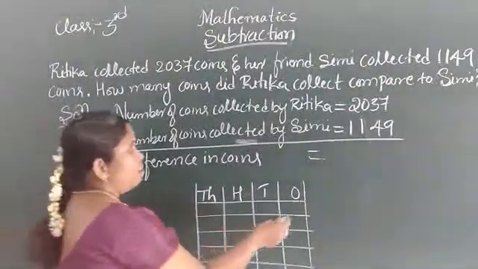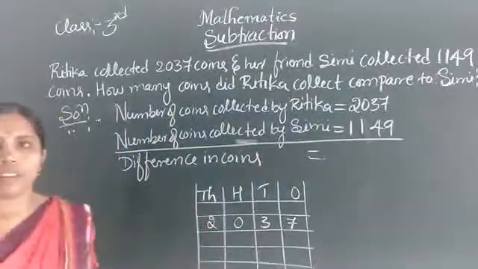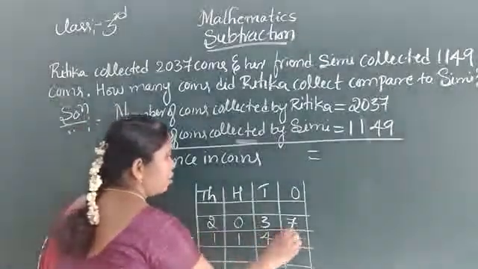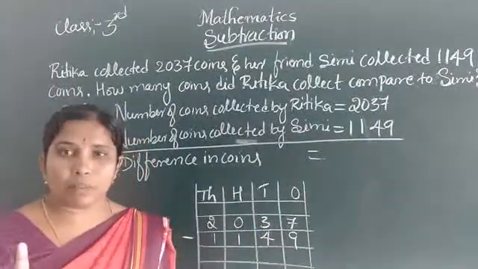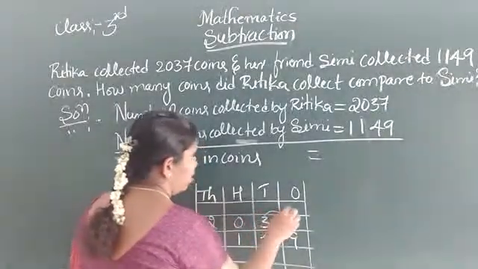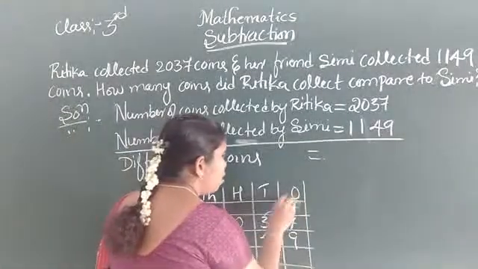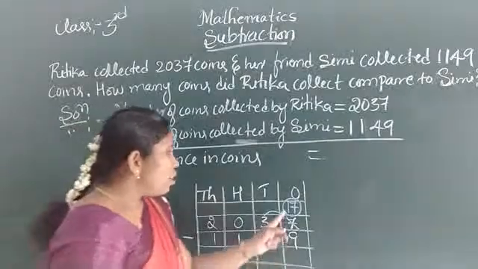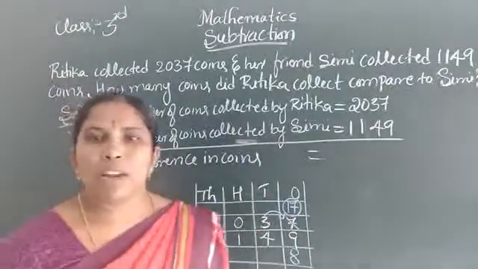See, first write the numbers 2037, now subtract 1149. See, 7 minus 9, it's not possible. Take a borrow from the left side neighbor digit. 1 borrow equals 10. 10 plus 7 equals 17. So now we consider this number, not this 7. Now 17 minus 9 equals 8.